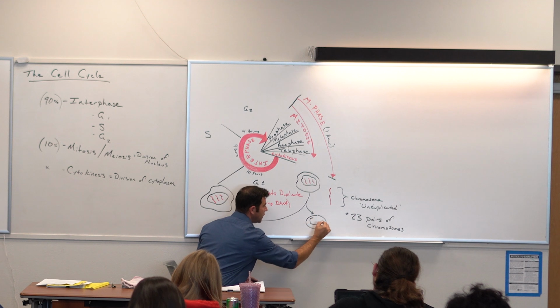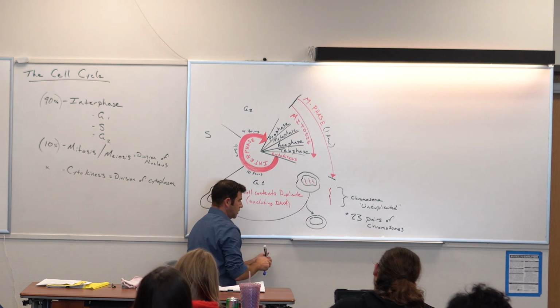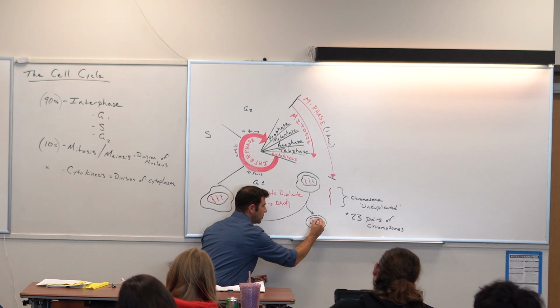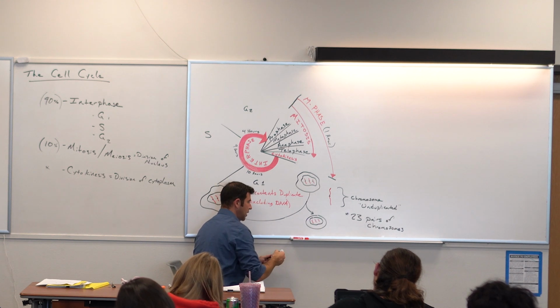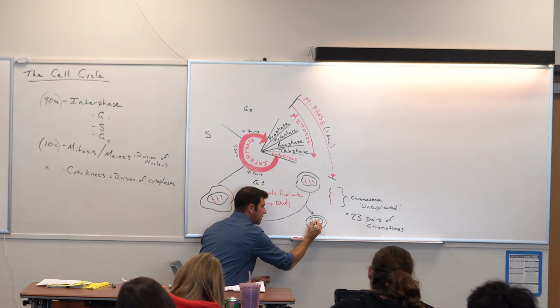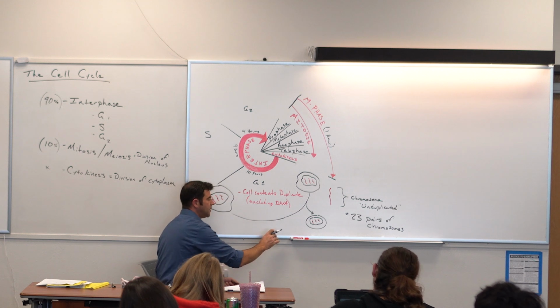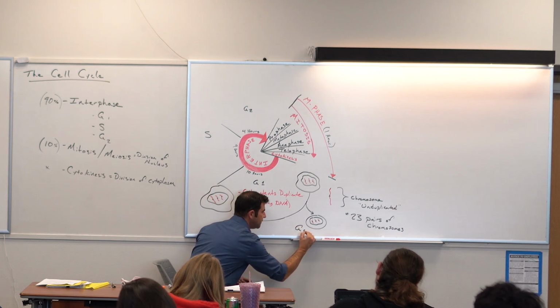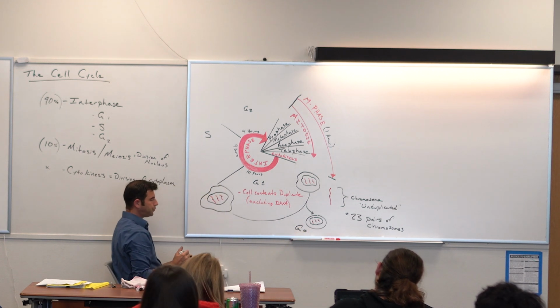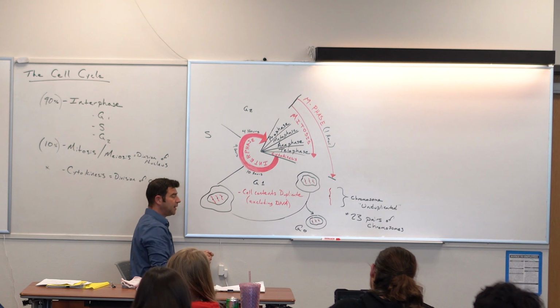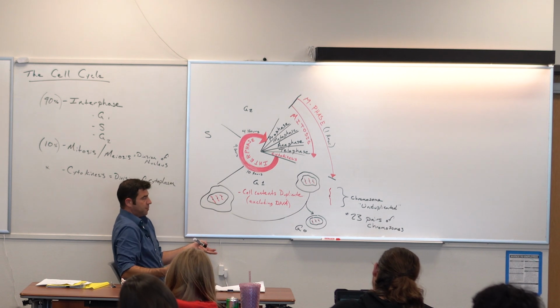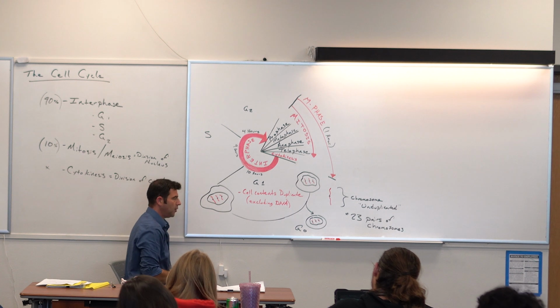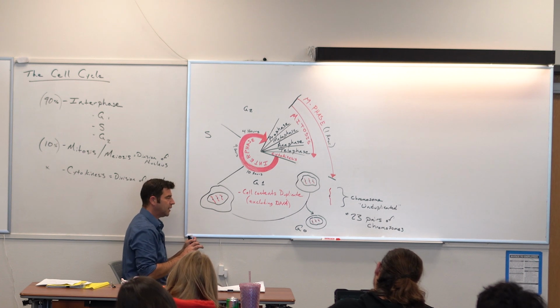They have their nucleus with unduplicated chromosomes, and they can spend their entire life in this state that we would call the G0 phase. And it's really only when a cell accumulates enough of these proteins internally, we'll call those cyclin proteins.